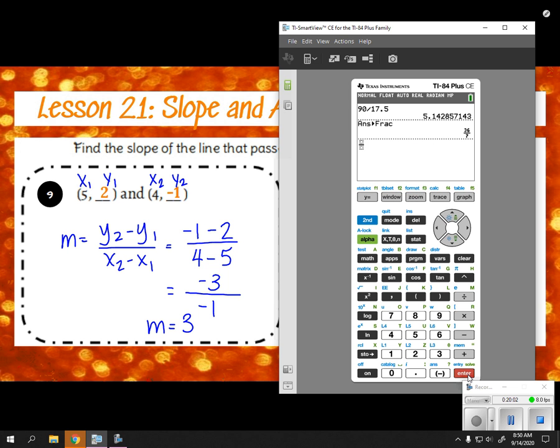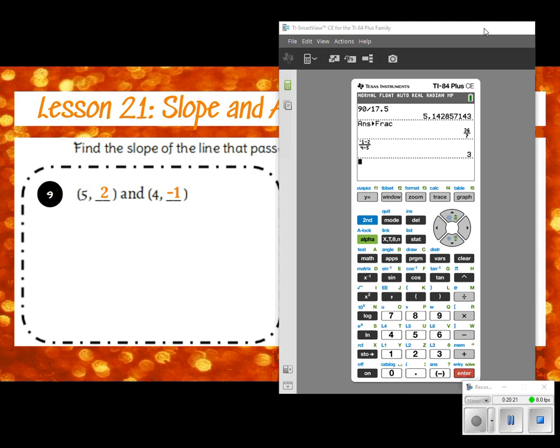Then we're going to do -1 minus 2, and then hit the down button, 4 minus 5. Now, it's usually pretty good about cleaning things up. So it'll do all the subtraction, it'll do the order of operations for you, and then it should spit out a simplified reduced fraction. So that is something that you can use.